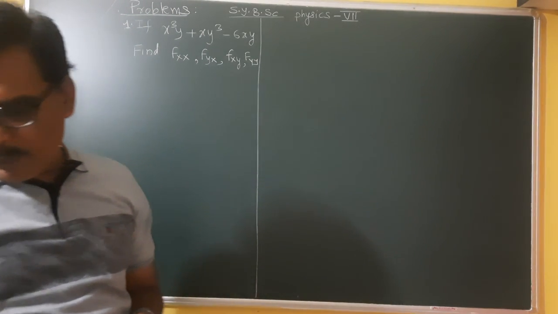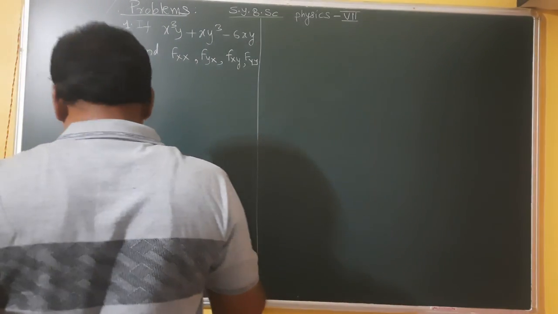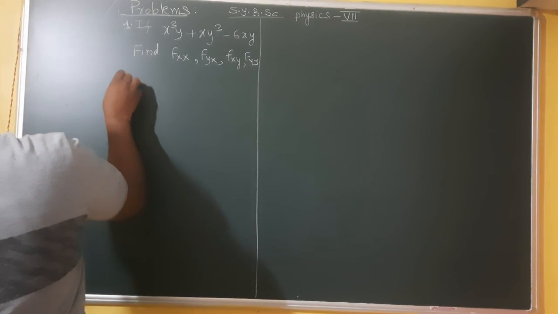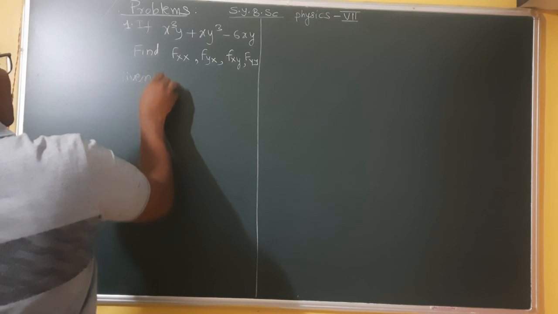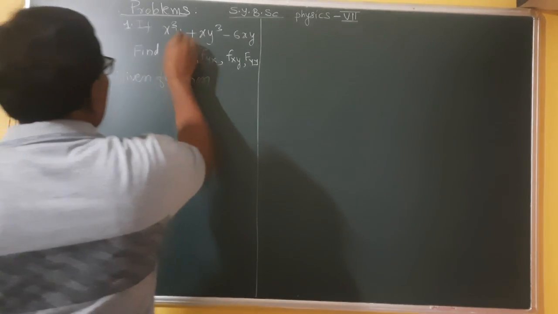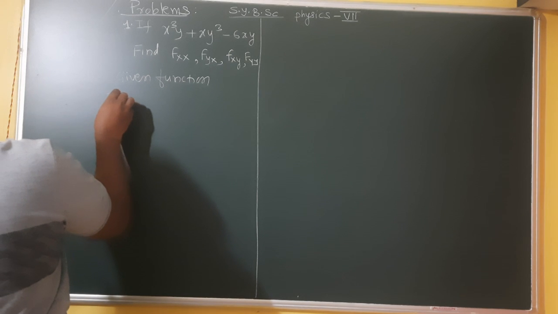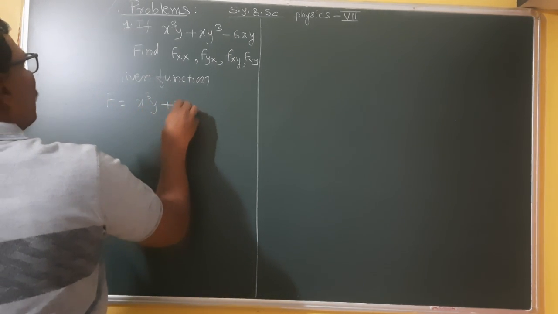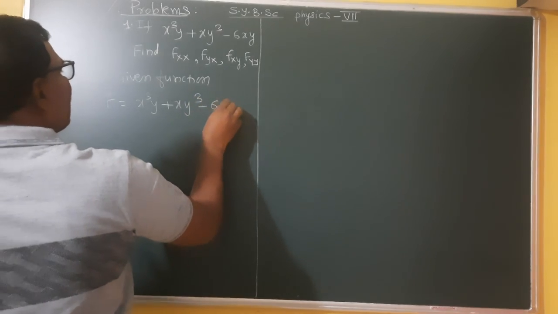First of all, what is the given function? Solution: the function is given as f equals x cube y plus x y cube minus 6xy.